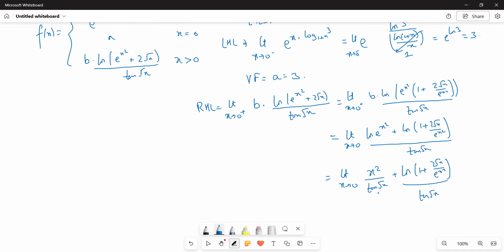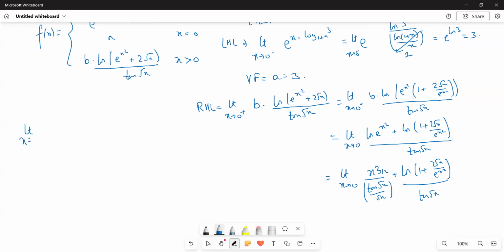Okay. Now tan root x के लिए what we do is इसको 3/2 करके shift a root x यहाँ पे. So in that case, what will happen to tan root x by root x? ये 1 हो जाएगा. And x का वैल्यू 0 है. So the first limit is set. ठीक है, फर्स्ट लिमिट सेट है. अब सिर्फ सेकंड लिमिट का देखना है. So let's look at the second limit.